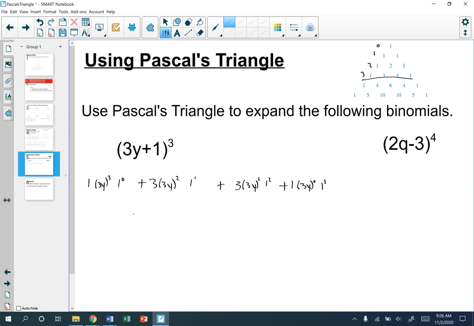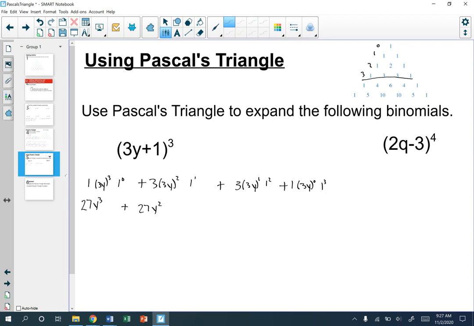Now I'm going to go ahead and clean this up. So here I have 3y cubed, which is 3 cubed times y cubed. 3 cubed is 27y cubed, and then 1 to the 0 is just simply 1, plus 3 times 3y squared. 3y squared is 9y squared, so 9y squared times 3 gives me 27y squared.